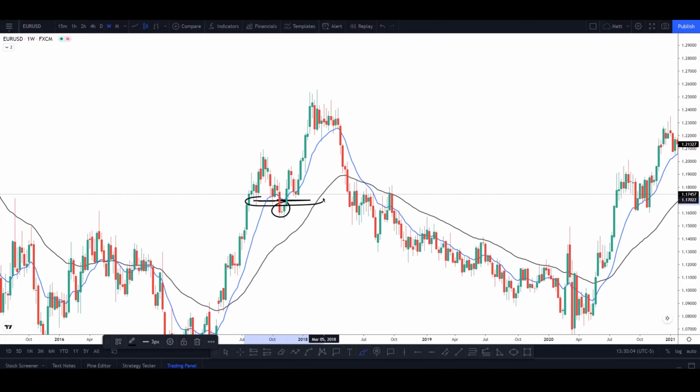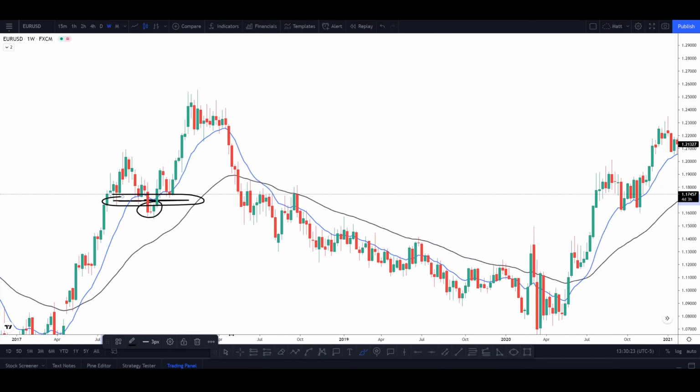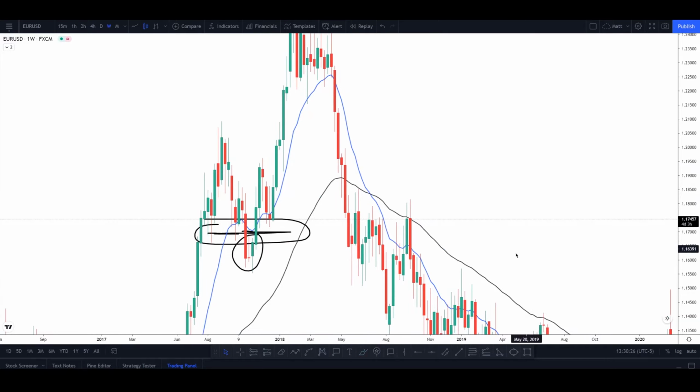So we had some rejections over here, some rejection over here, that V formation, and then when price rallied up to about 1.25, let's say, and dropped back down below, let me zoom in for you guys, this will be easier. As soon as price dropped below this region that was support, as soon as it retested over here, we saw some wicks and some rejections where it failed to go further back up.